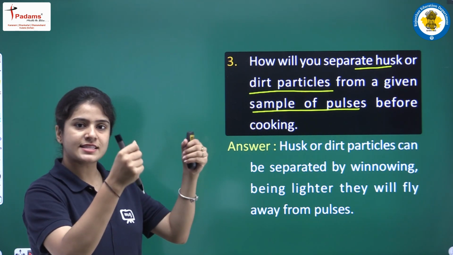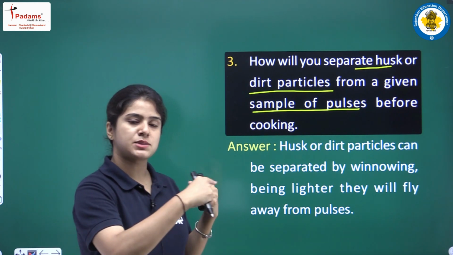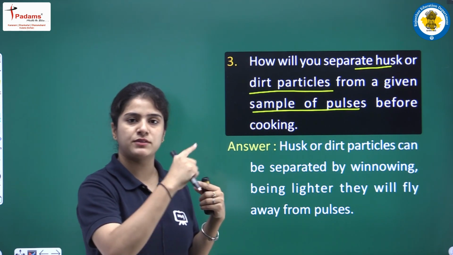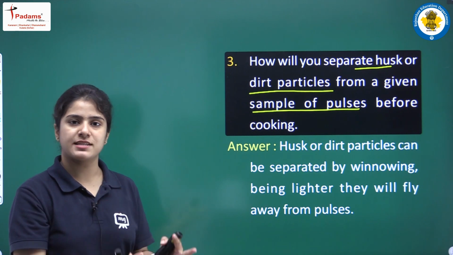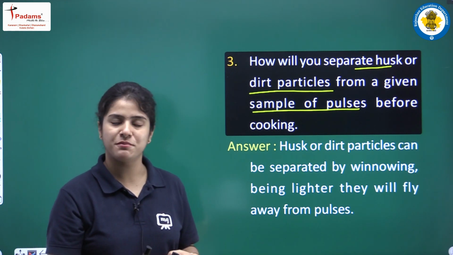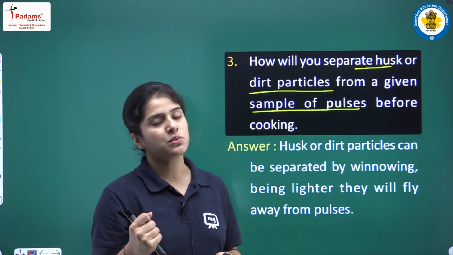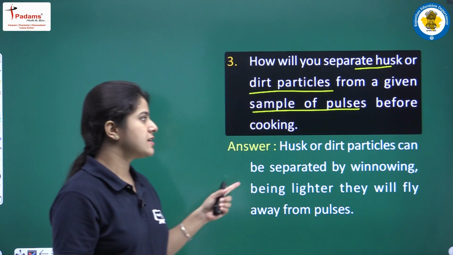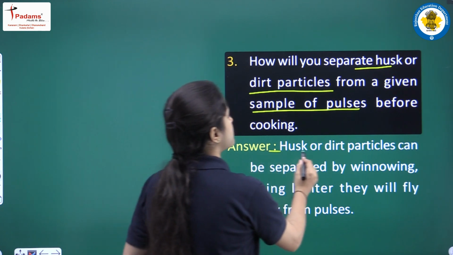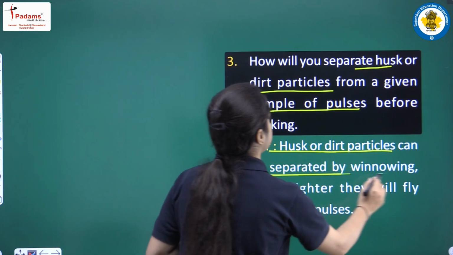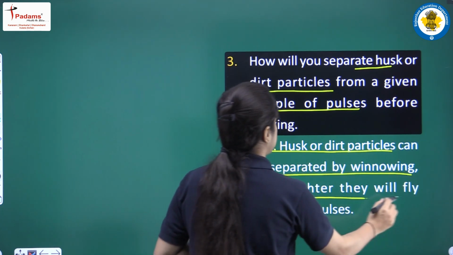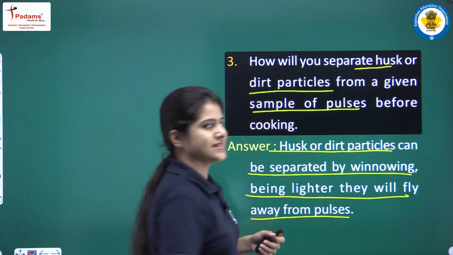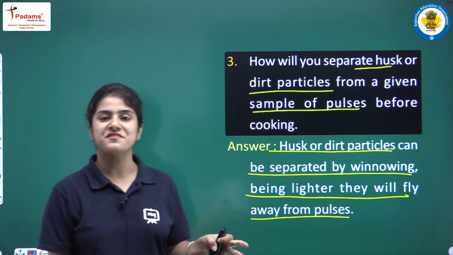Let it be like this, and what will happen? The lighter particles will fly away with the help of the blowing air and the heavier particles will settle down and form a heap, and in this way the unused and harmful particles will be separated. So husk or dirt particles can be separated by winnowing. Being lighter, they'll fly away from the pulses. This is what we have discussed.